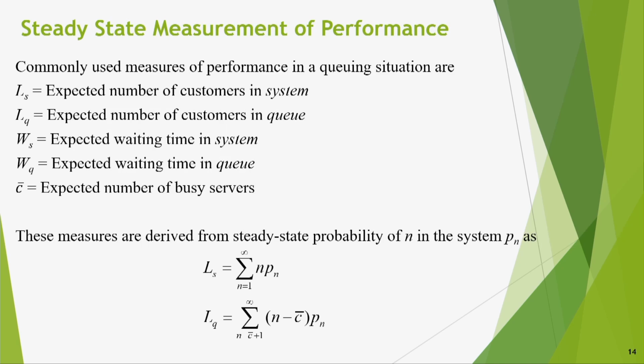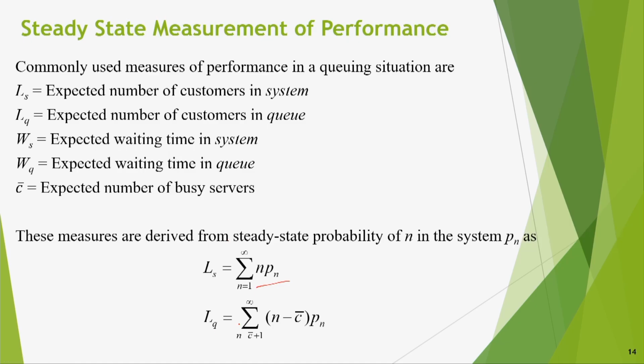So probability acts like a weightage, 2 into P2. Customers can be 3, but what is the probability? P3. So 3 into P3, like that. Customer can be 0 also, but 0 into P0 is nothing. So that is why I have written n is equal to 1 to infinity n Pn. So if you know Pn, you can calculate Ls. This is how it goes.